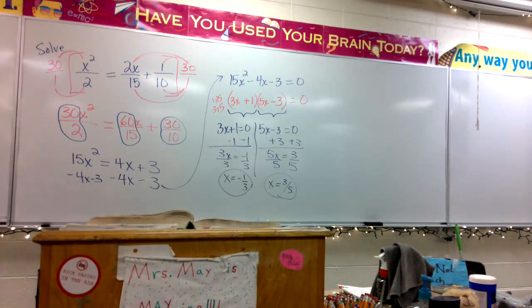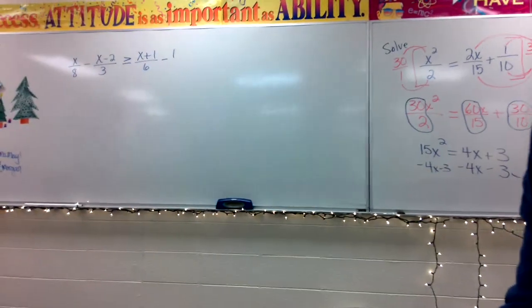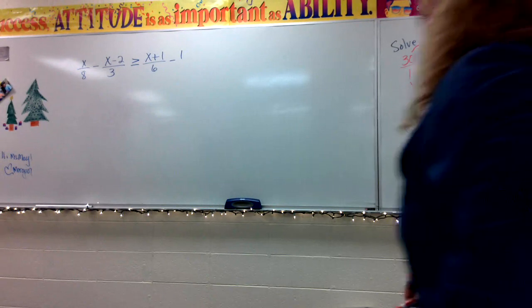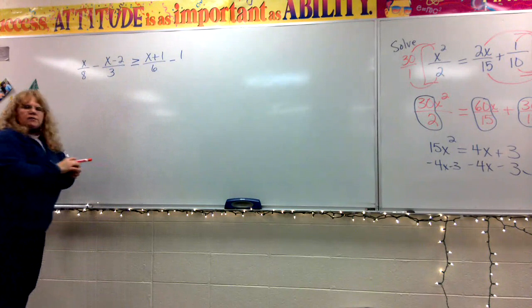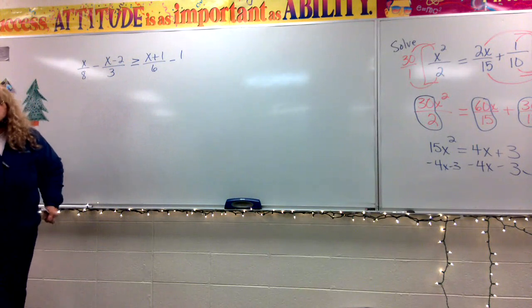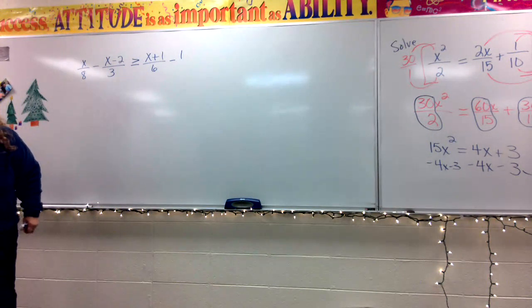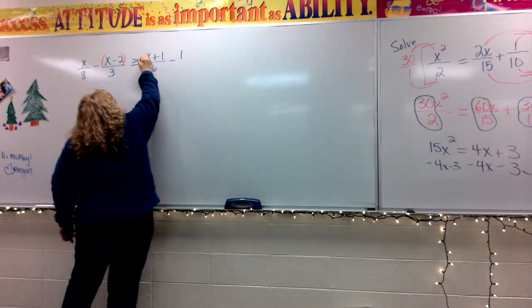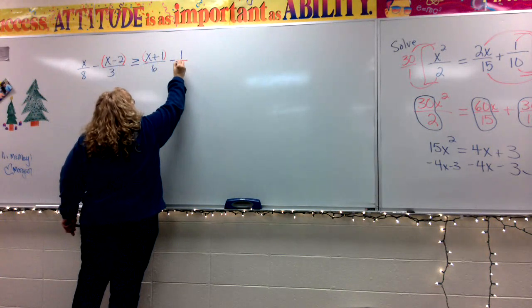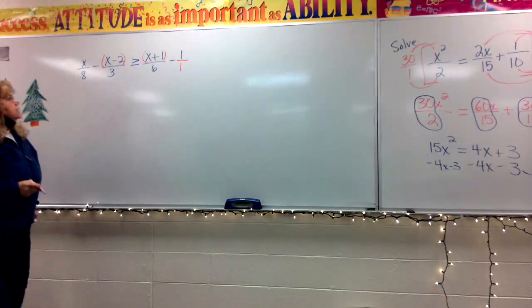Now I have an x minus 2 and an x plus 1. Are you going to put parentheses around that? I would. Right off the bat, parentheses, and put a 1 under there.